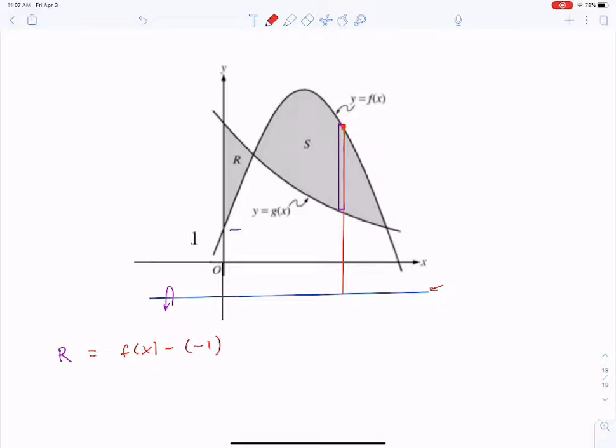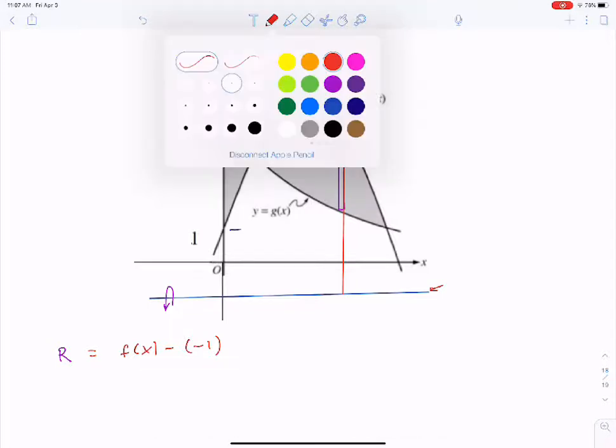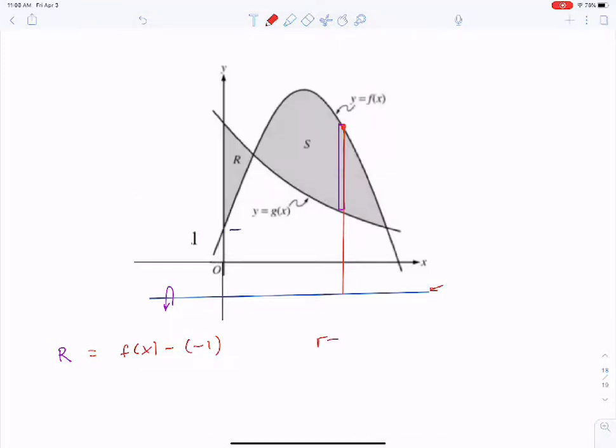And then little r is going to be the distance from the bottom curve to our axis of rotation, which is going to be g of x, again, minus negative 1.